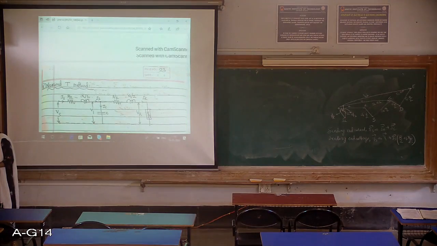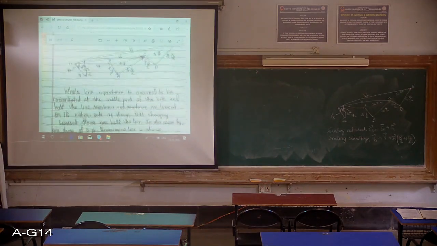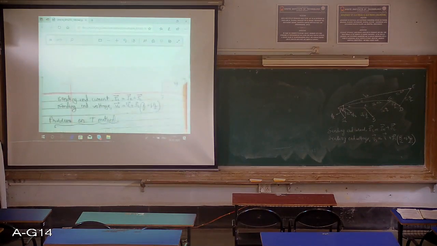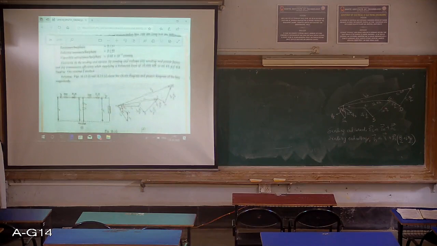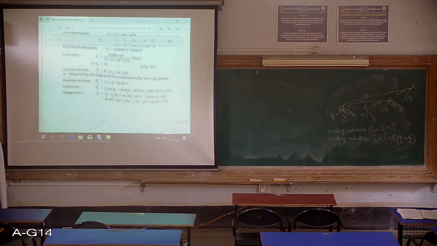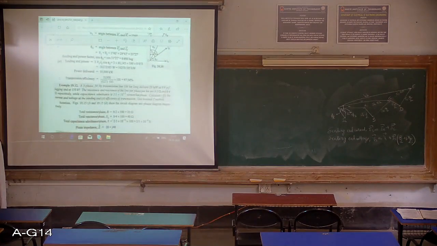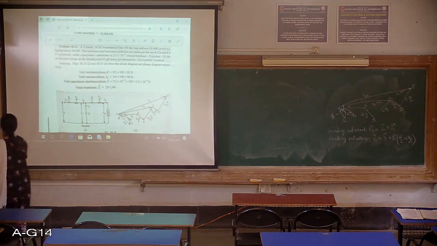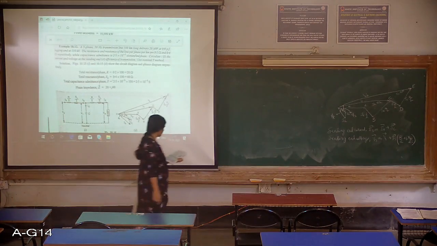Yes, this is it. A three-phase 50 hertz transmission line, 100 kilometers long, delivers 20 megawatts at 0.9 power factor lagging and at 110 kV.